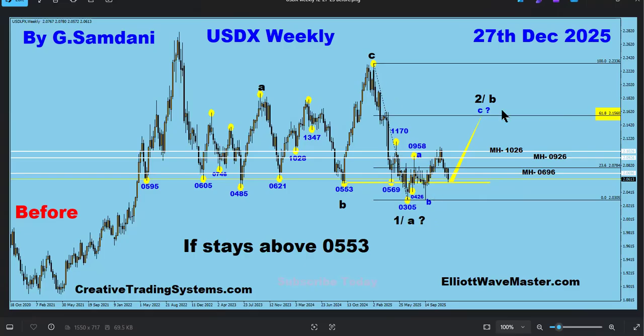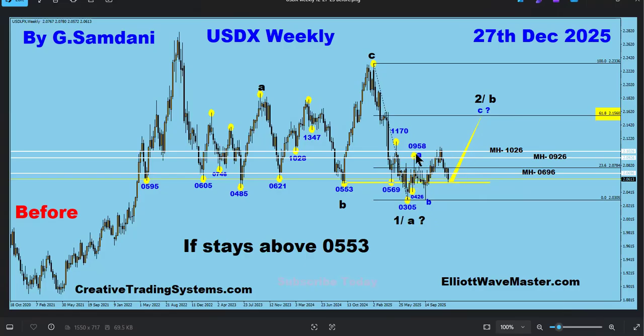There are a couple of different things. First of all, the simple correction sometimes is like a straight line drop and a straight line goes to 61% and then goes down, right? So that's perfectly fine in Elliott wave. That happens a lot. Then there's another way, it does a three-wave correction, right?